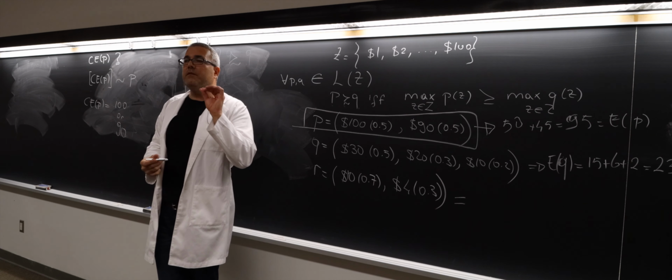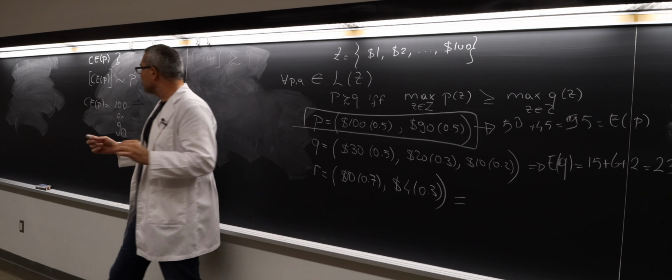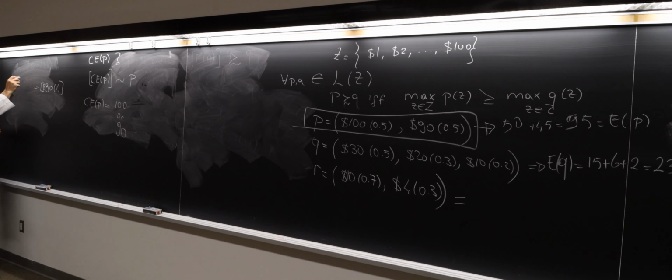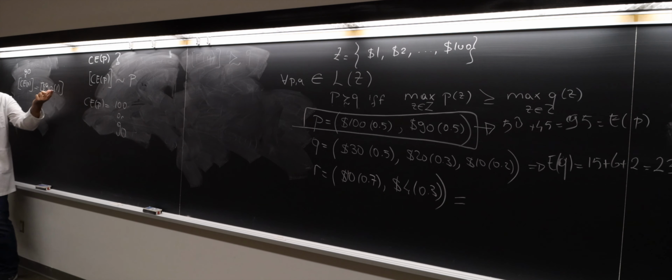So if we give JJ the sure lottery, $90 with probability 1, right? This is exactly CEP, where CEP is equal to 90. So this is the sure lottery. Is he going to be indifferent between this sure lottery and P?